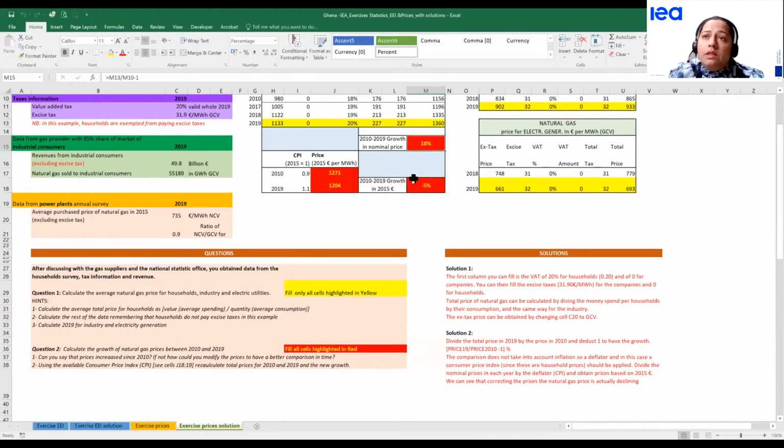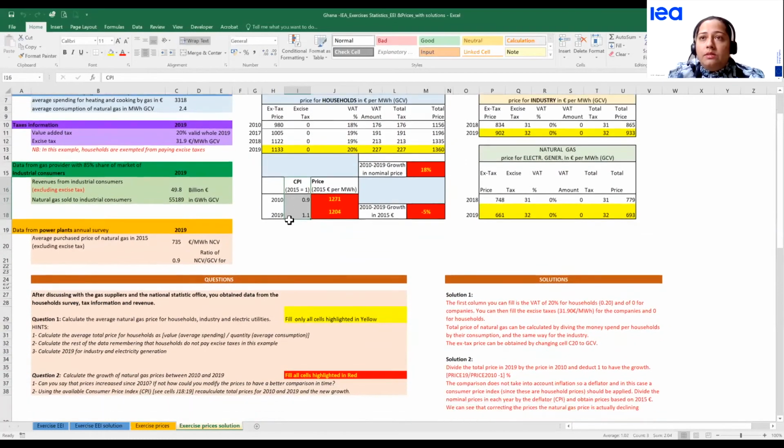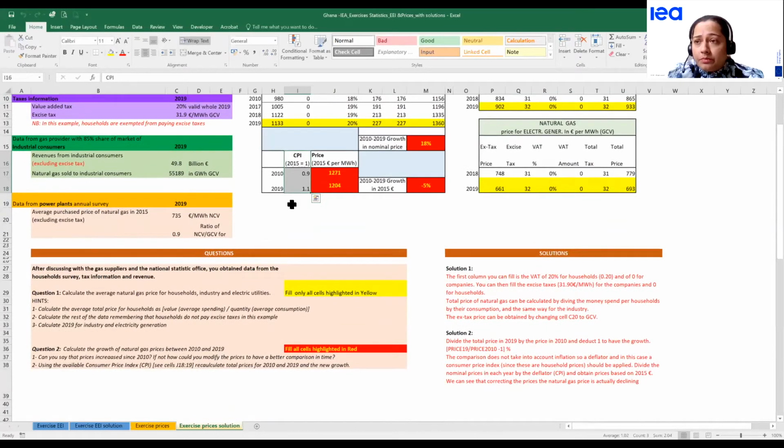The comparison does not take into account inflation, so a deflator, in this case a consumer price index. Because we are looking at households, we should apply a consumer price index to look at the real price evolution.